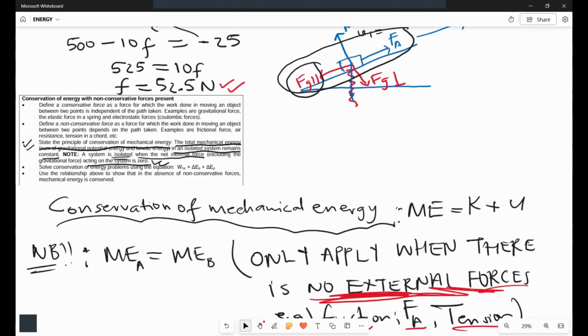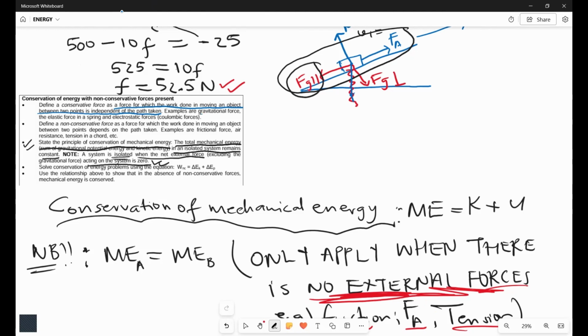Let's check the exam guidelines. Define conservative force as a force for which the work done in moving an object between 2 points is independent or does not depend on the path taken.